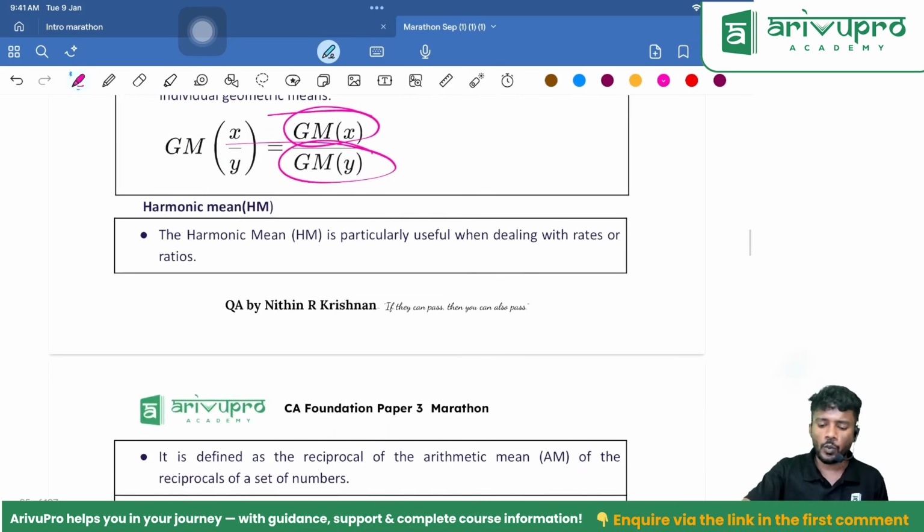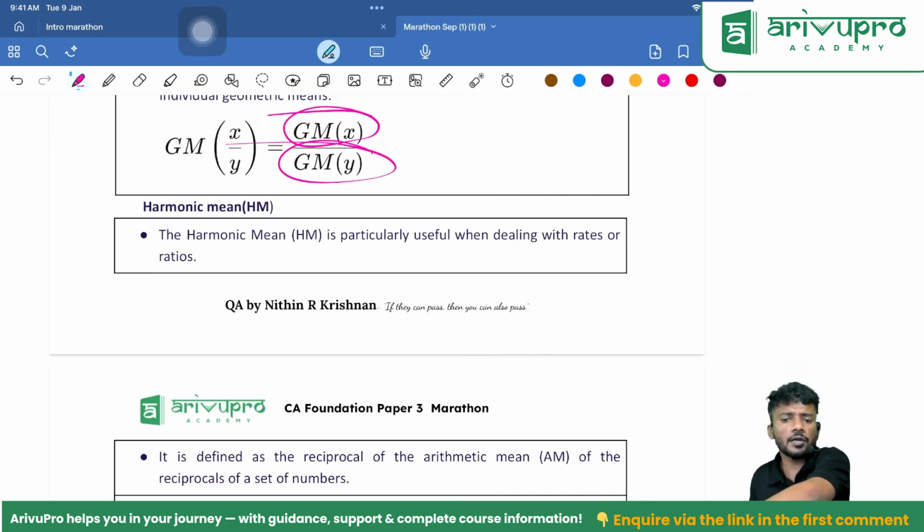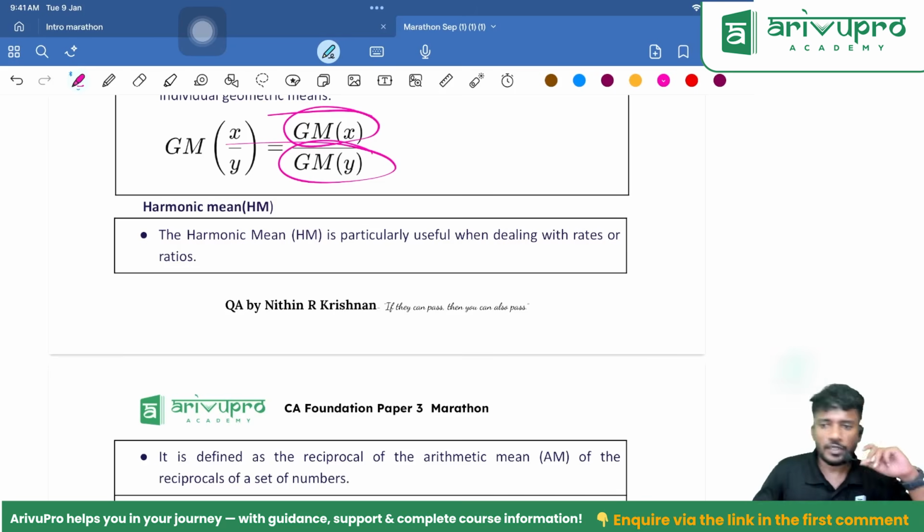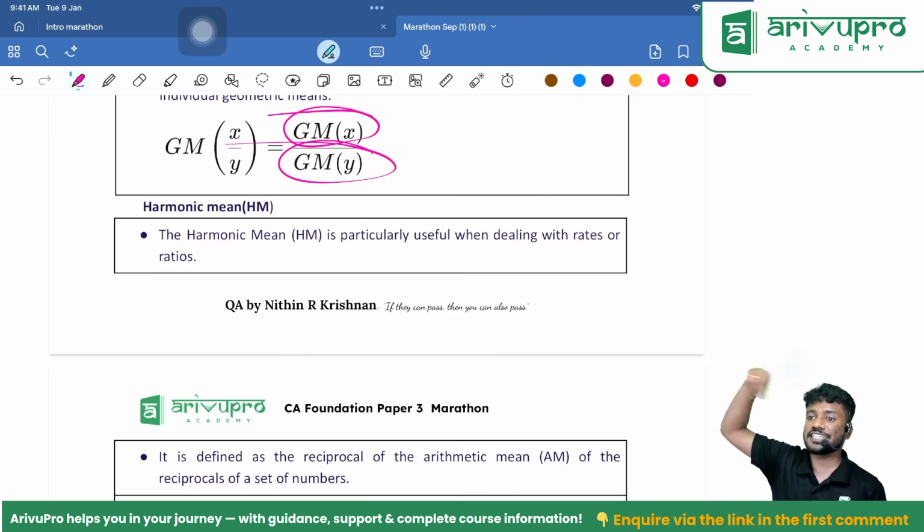Now we are going to harmonic mean. What do you mean by harmonic mean, people? So there is a definition for harmonic mean. It is the reciprocal of the arithmetic mean of reciprocals.